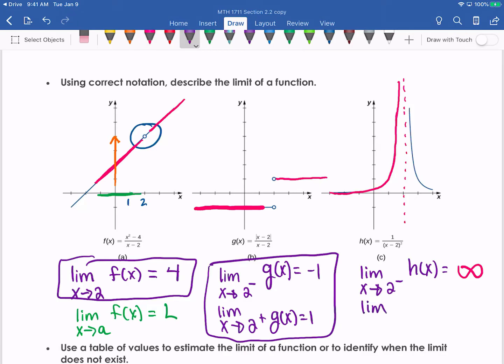Now, the limit as x approaches 2 from the right of h of x, if I trace it coming from the right, again, this is increasing without bound. The value of the function isn't approaching a specific value. This is the intuitive definition of a limit. You're looking to see, as x approaches some value, what is the value of the function approaching? And that value of the function does not have to exist, because the limit is what we are getting closer to.